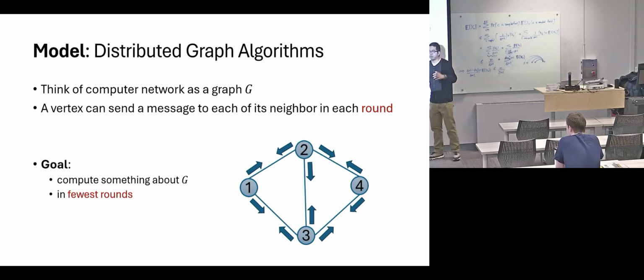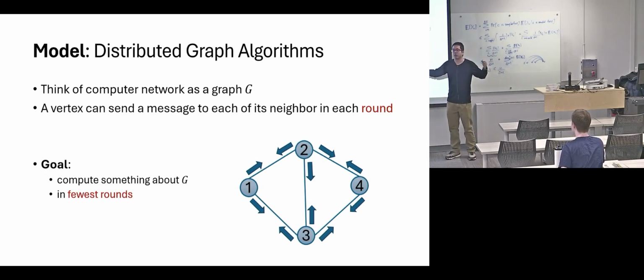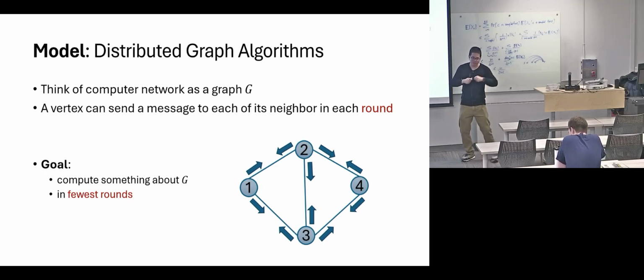Just think like you have some network and you want to spread information throughout the network, but each round you can only talk to your neighbor. Or you want to know where the bottleneck of the network is, where the min cut is. You might need to know that.